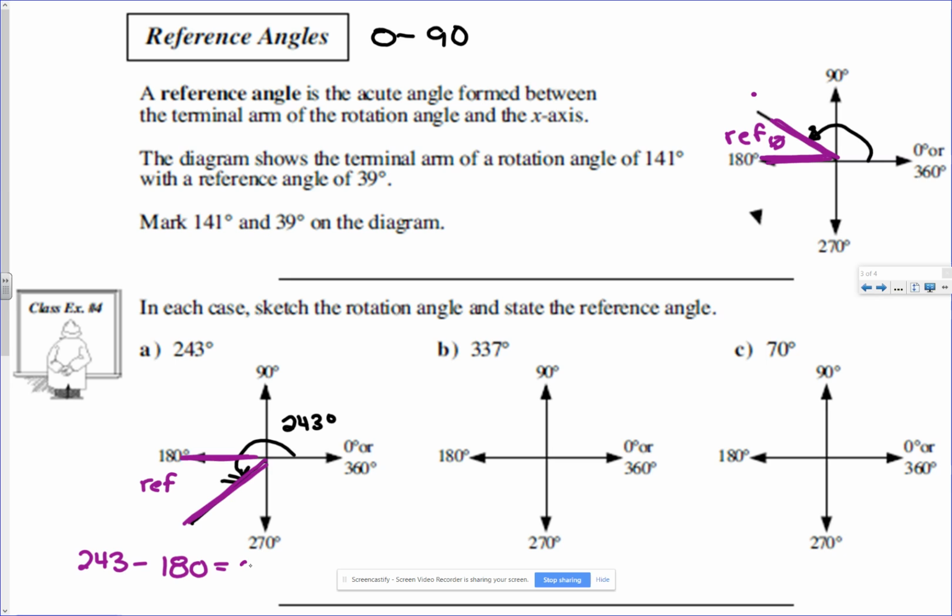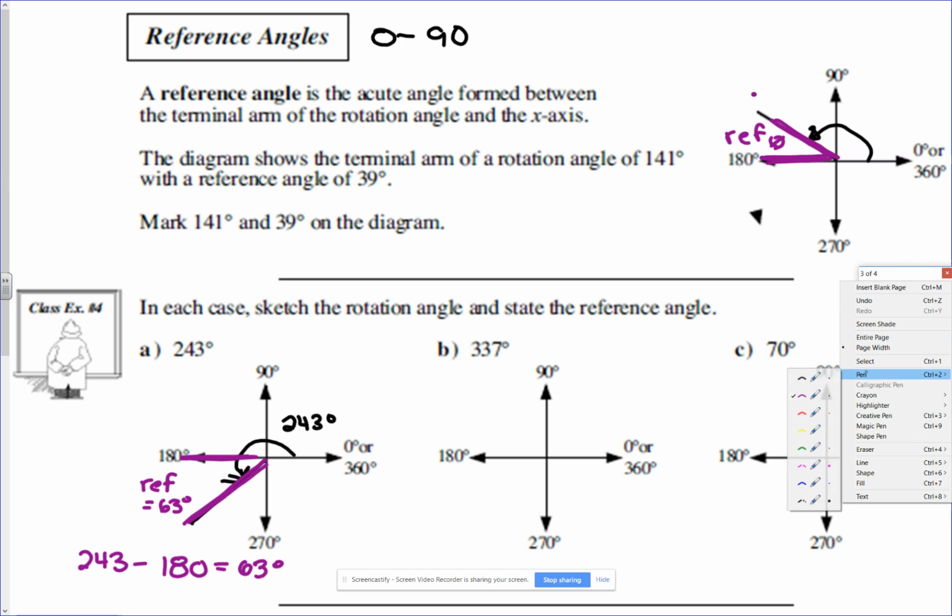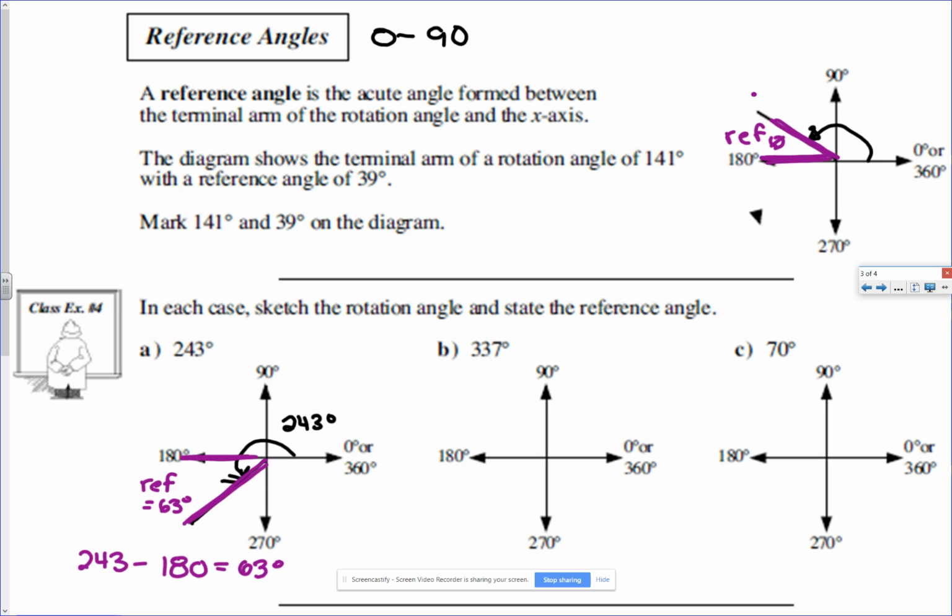And so I would have gone 63 degrees past it, and so my reference angle here would have to be 63. If I had 337, I went 337 degrees. There's my standard angle. And I have to figure out my reference angle.